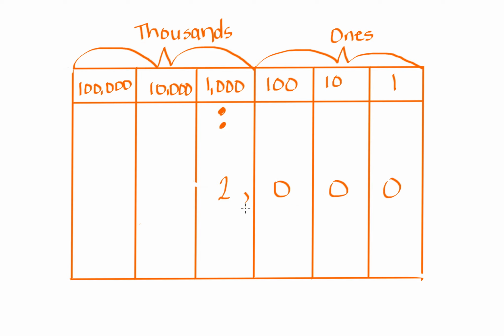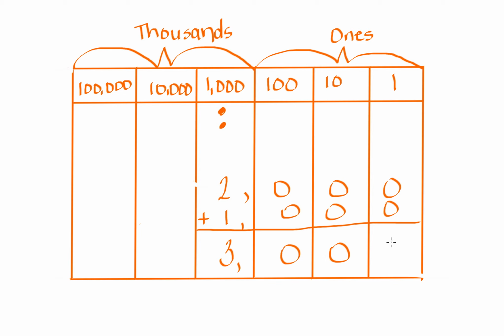So that means it's 2,000. And I want you to show me 1,000 more. Well, if you do this with addition, you come up with 3,000. All you have to do on your place value chart to show that is add another 1,000 to it. So that's pretty simple.